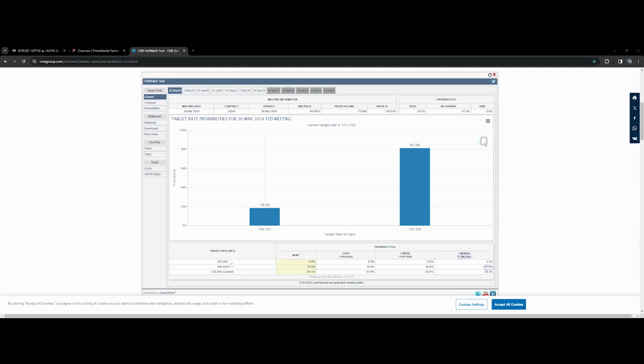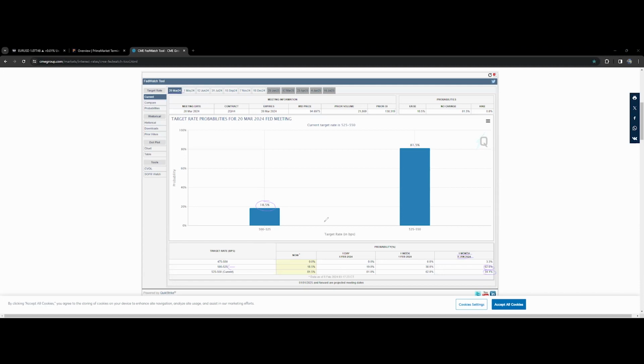So when you look to this, this is good because if they do actually cut on March, then the US dollar will be weaker from there. But the situation has changed, and once we look now to March, only 18.5% of the market expects a cut from the Fed on 20th of March.